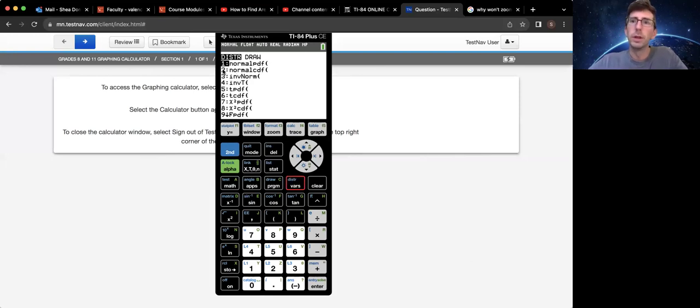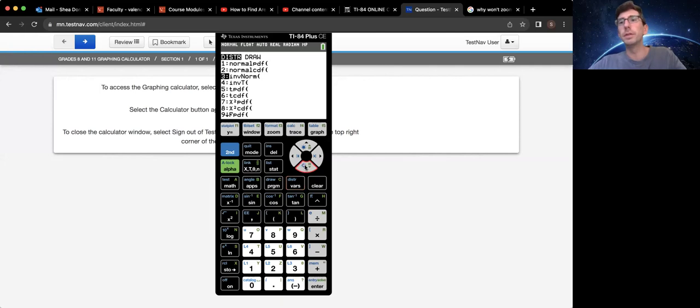You can plug in an interval, two x values, two IQ scores, and you want to know the area under the curve, or the probability that you're in between those two, or you can plug in negative or positive infinity and a lower or an upper bound. And that returns the area under the curve.